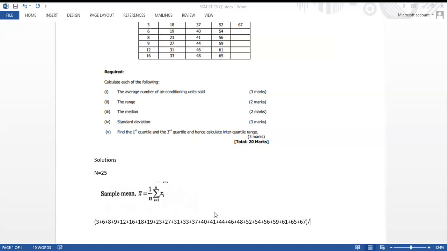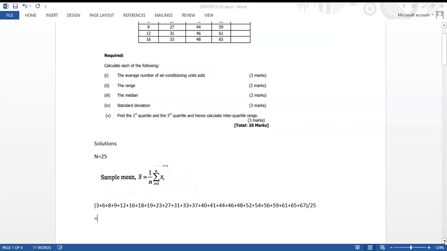We add all of these and divide by 25. I hope someone had the calculator as I was doing this. Has someone found this value when we add all these 25 numbers? 875, all right, divided by 25.